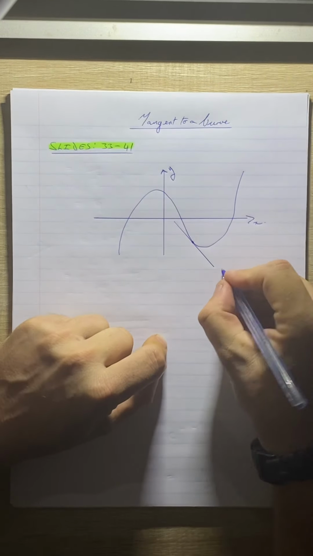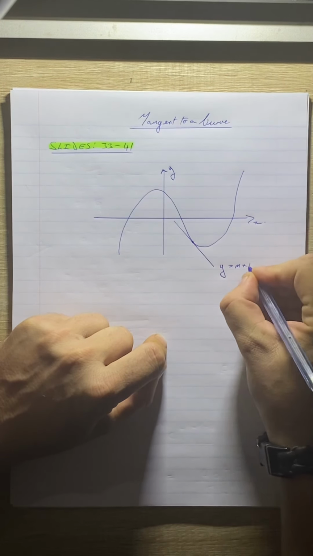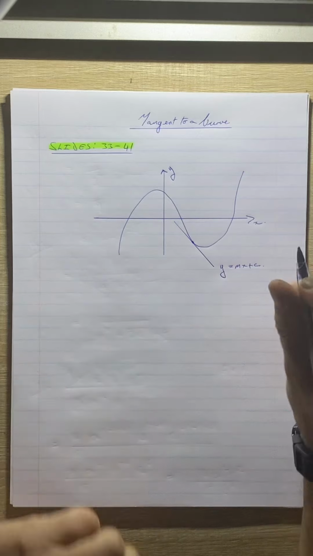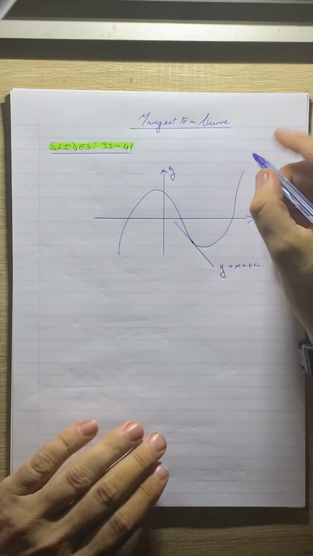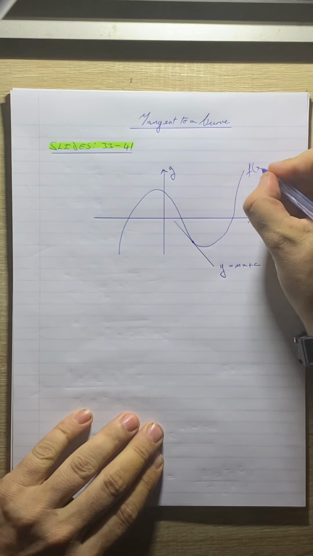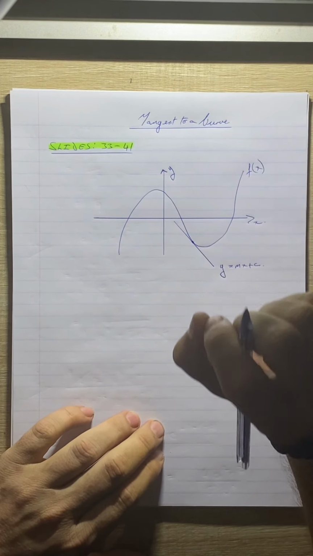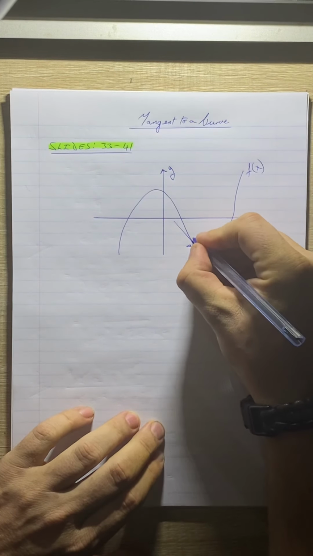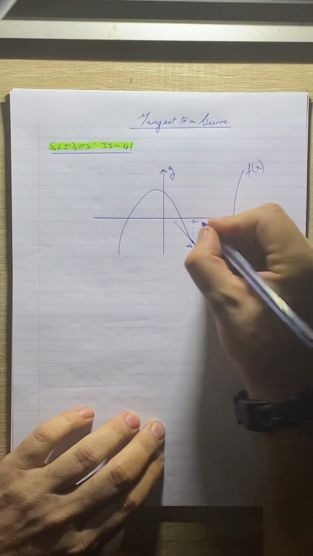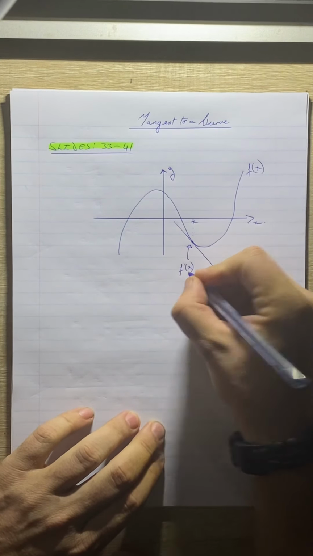And because it's a straight line, it has the equation y is equal to mx plus c, okay? Now remember what we've been doing this whole time. We've got the derivative, okay? And the derivative is the gradient at a single point. So at this point over here, whatever x value this is, I know the gradient at that point would be f dashed of x, okay?